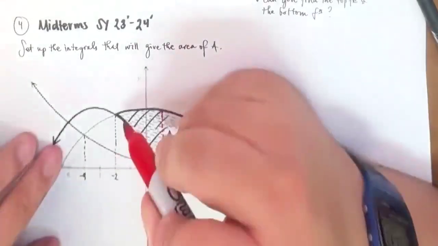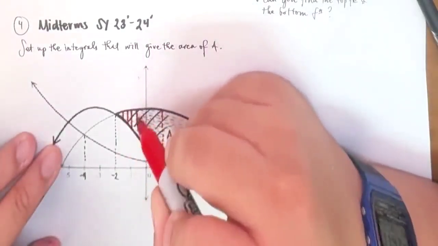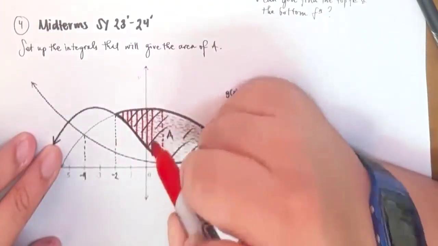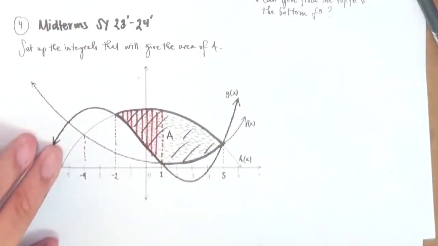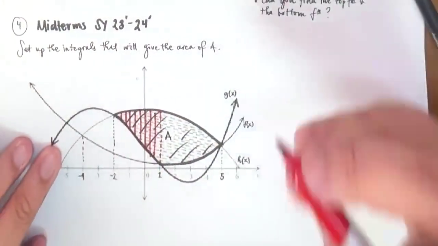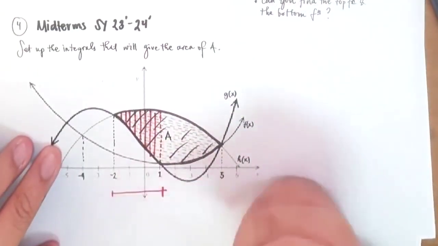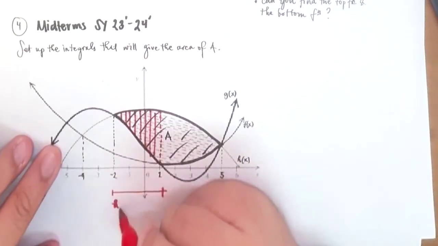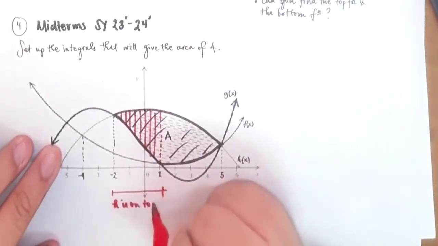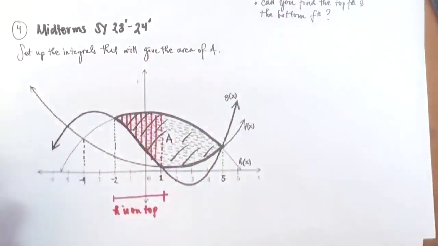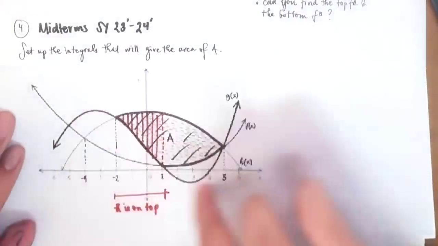Notice that for this area right here, what do we have? So from here to here, h is on top, and what function is immediately at the bottom? It would be g.